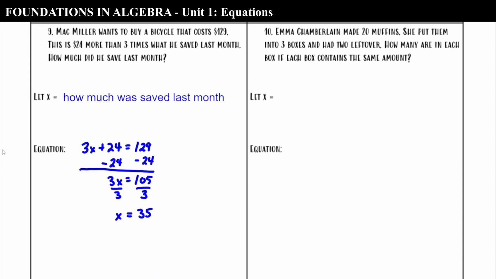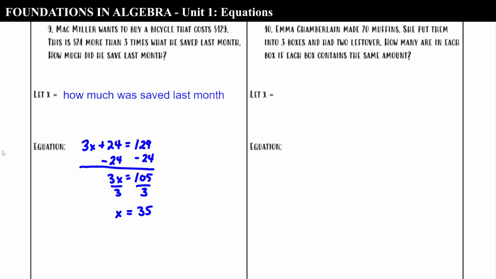And then the last example. Emma Chamberlain made 20 muffins. She put them into 3 boxes and had 2 left over. How many are in each box if each box contains the same amount? So for this one, we want to know the number in each box. Okay, so we're going to set up our equation with that.